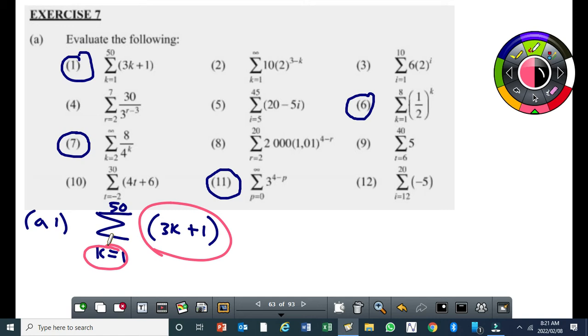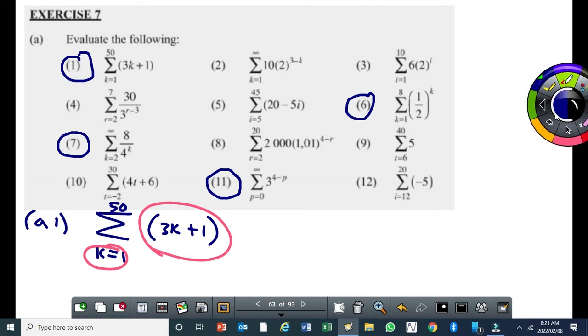So I want you to just add this somewhere in your book. So with the sigma notation, we have the bottom, which is more like the k equal to 1, and then we have the top, which is like our 50. Then obviously you have your general term.